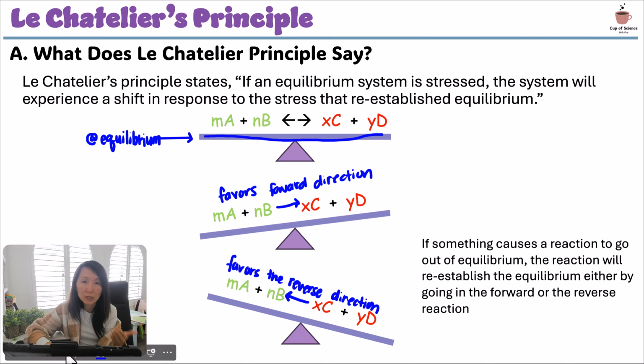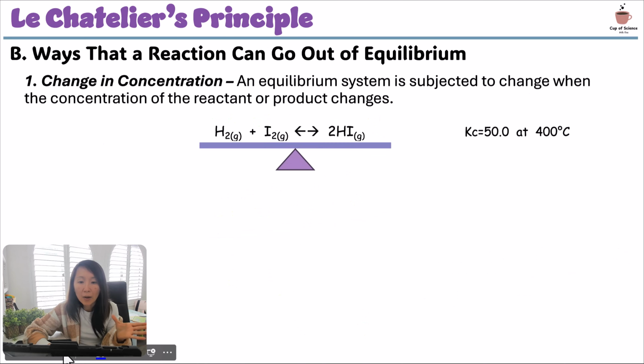And this is what the principle says: if an equilibrium system is stressed, meaning it was at equilibrium but something happened to it, it's going to experience a shift in response to the stress that reestablishes the equilibrium. Now, there are several ways in which these equilibrium factors will be stressed, and we're going to be discussing the ways that a reaction can go out of equilibrium.